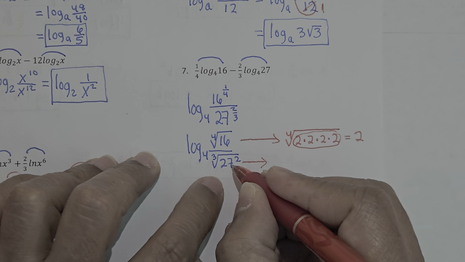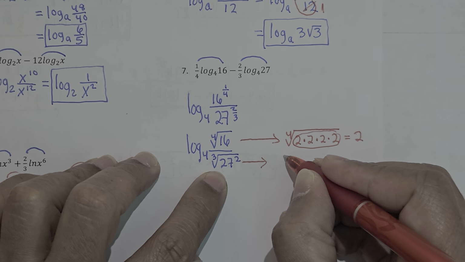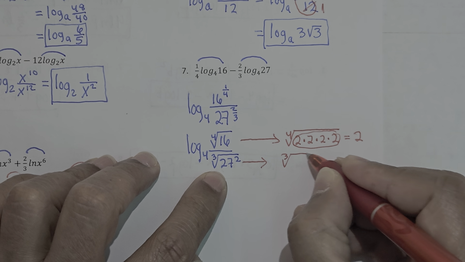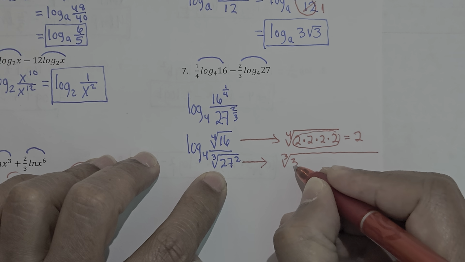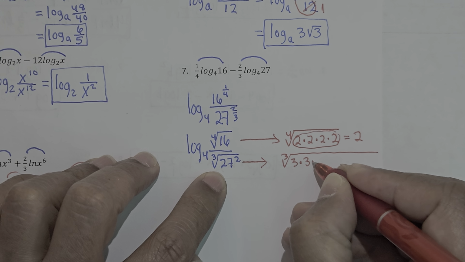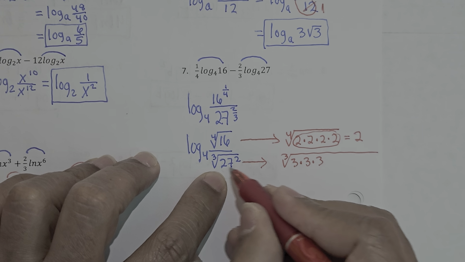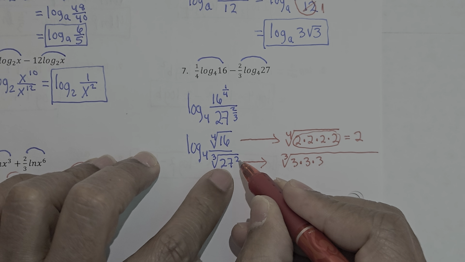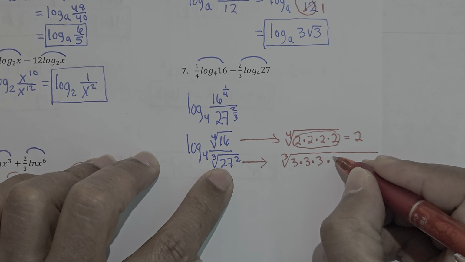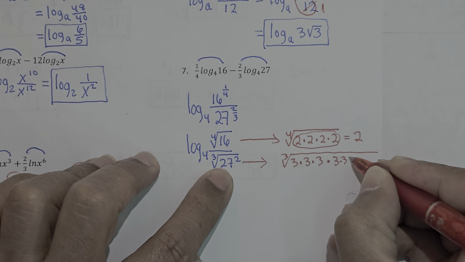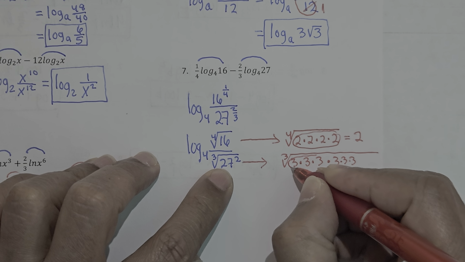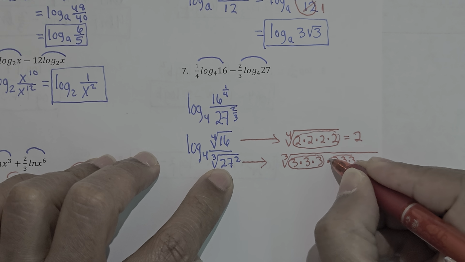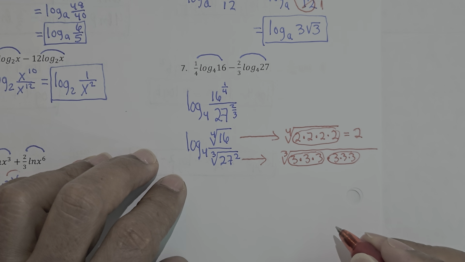We have 27. 27 is the same as 3 times 3 times 3, which is 3 cubed. So then this is the cube root of 3 times 3 times 3. But that's just one 27. We have the square of 27, so that means we have 3 more 3's. So we have 1, 2, and 3, which means we can take out a 3, and we can take another 3 from here.